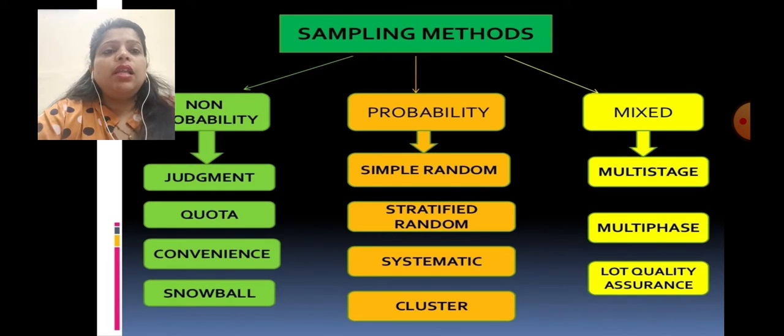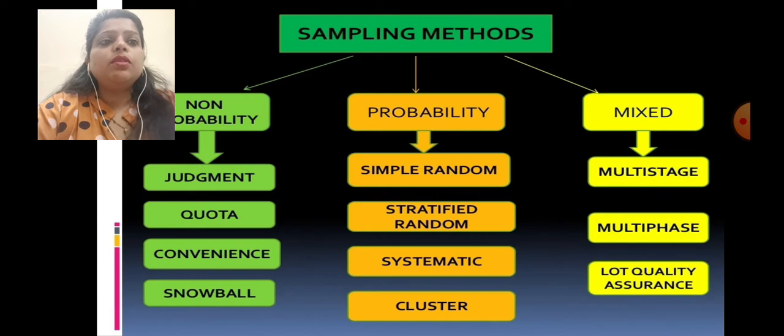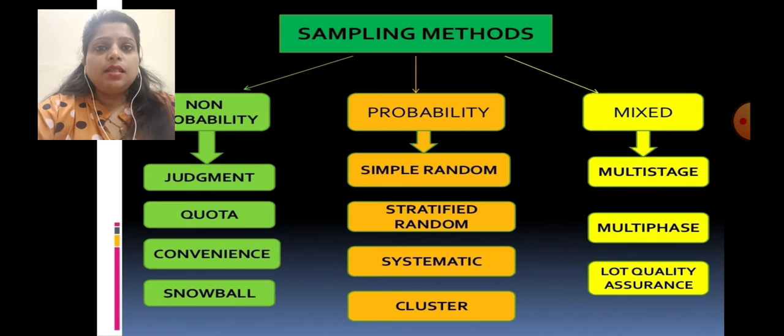So now dealing with what are the sampling methods. There are basically three main types of sampling method: non-probability sampling, probability sampling, and mixed sampling. Now, what comes under non-probability, probability, and mixed sampling? Dealing with the first point, non-probability sampling: here, the sampling comes as judgment sampling, quota sampling, convenience sampling, and snowball sampling.